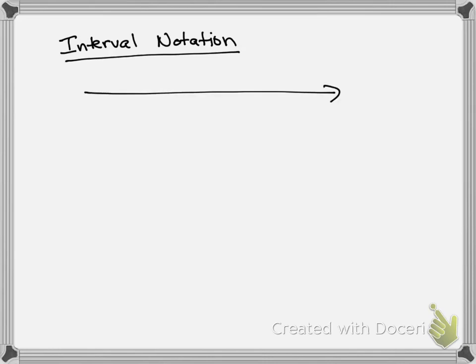Okay, so the next section has to do with something called interval notation. Interval notation is a way of representing a group of numbers, an infinite group of numbers, very simply. So what do I mean by a group of numbers? Well, remember that graph of x is less than 5?